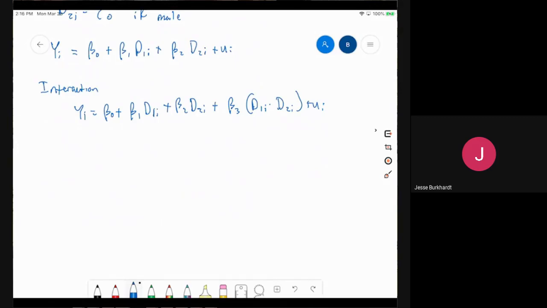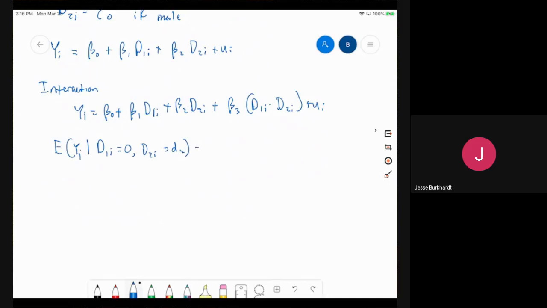So let's do that. We're going to write the conditional expectation of yi given d1i equals 0 and d2i equals some value d2.